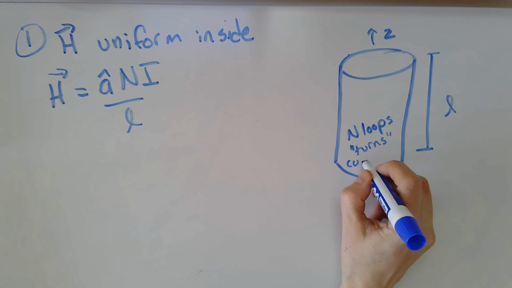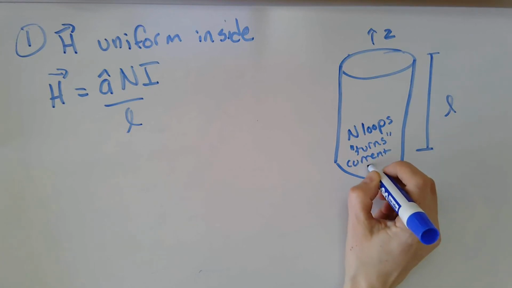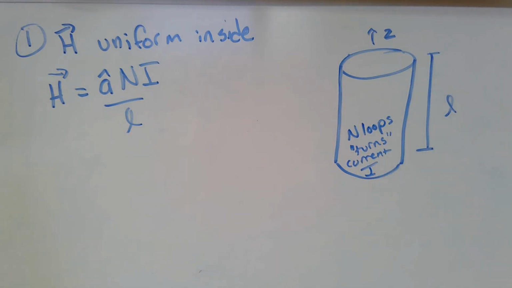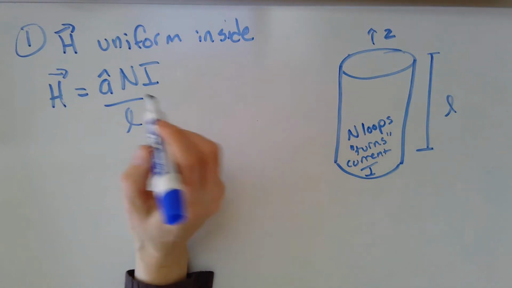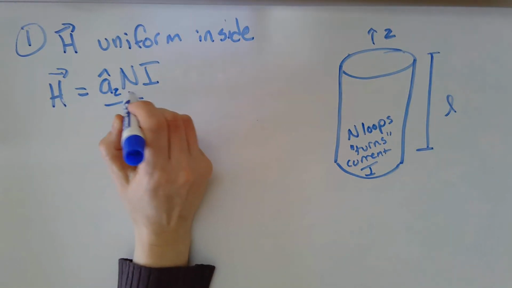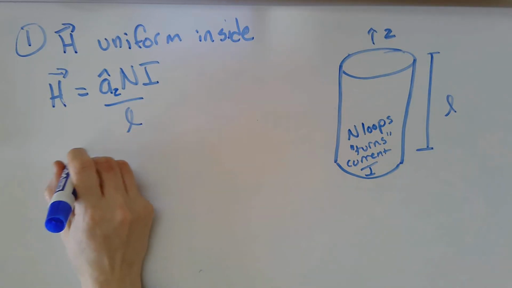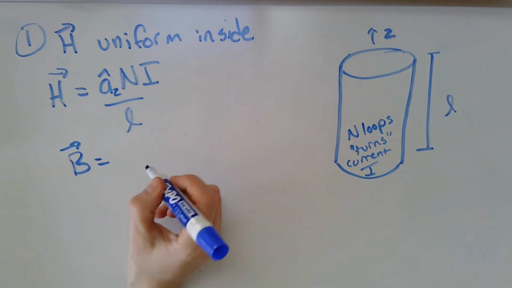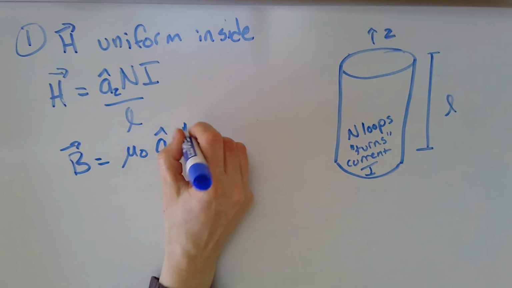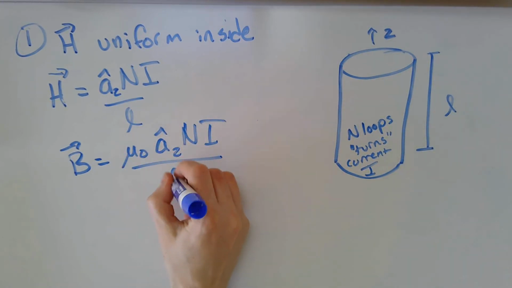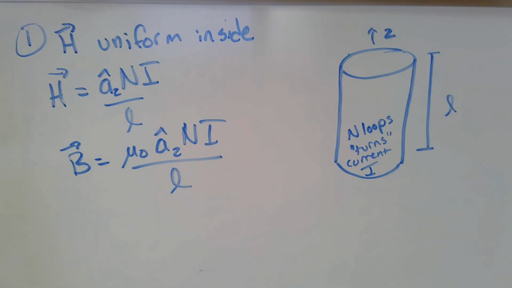And it has current I. And because we know that the magnetic field is a-hat-z times N I over L, we also know that the magnetic flux density is mu naught a-hat-z times N I over L. So far, so good.